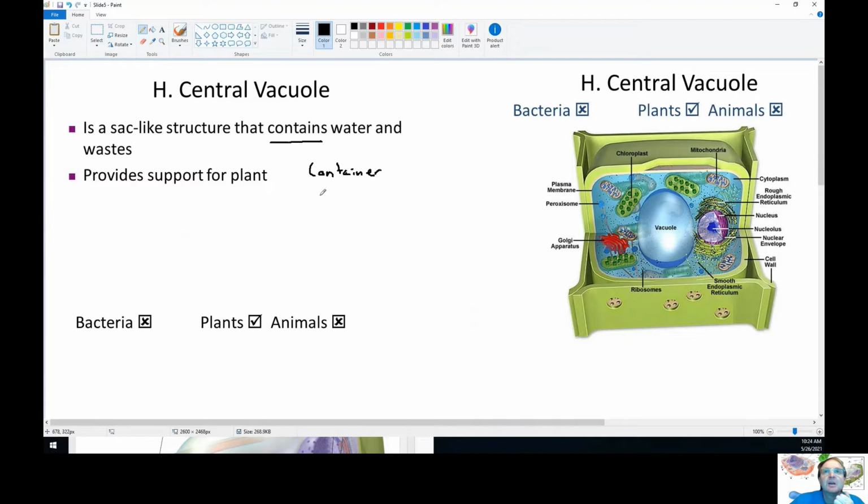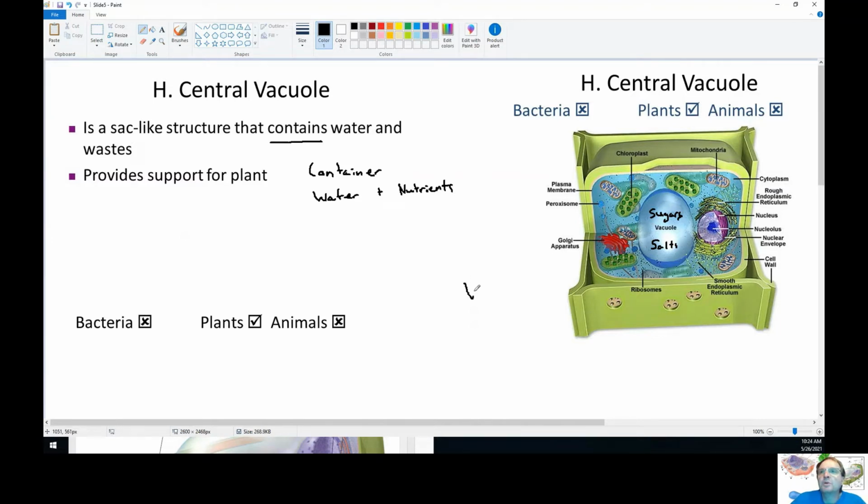It's a container, ultimately for water and some nutrients. Some key things that are going to be in here are sugars, some salts as well, but mostly sugars in a plant. That helps draw the water in. Sugars and salts act like a sponge, and they can draw water.